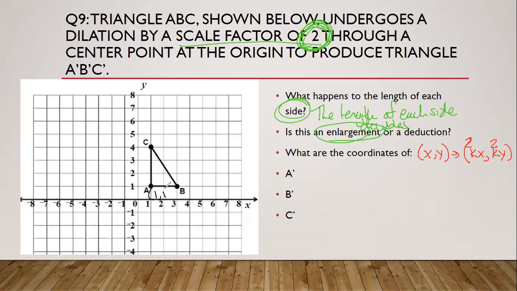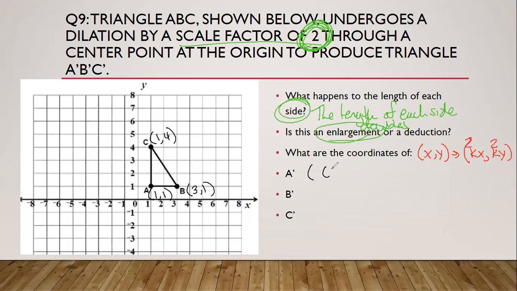A is at 1, 1. B is at 3, 1. And C is at 1, 4. Okay, so that means for each one of these, we have 1, 1. So we're going to be multiplying our X and our Y by our scale factor here.